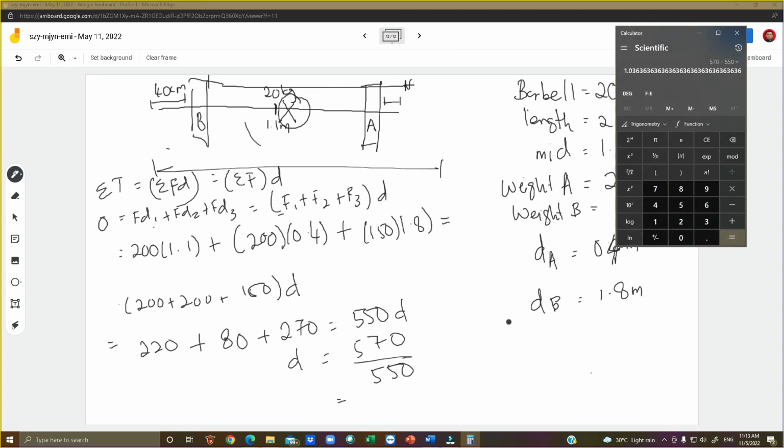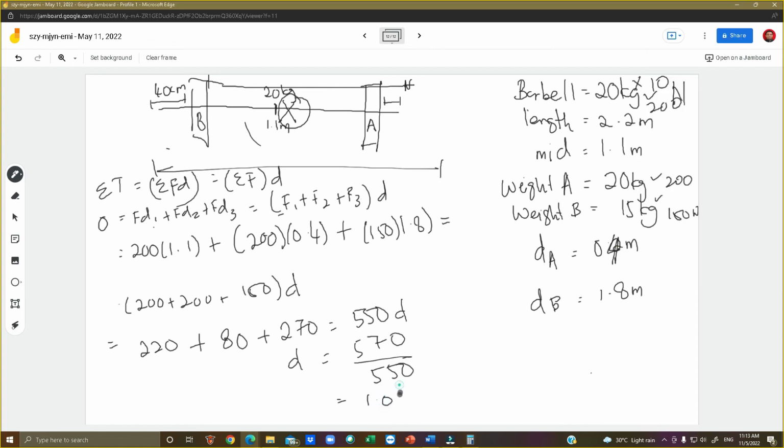You end up with 1.04 meter. This means the midpoint for this system to maintain the equilibrium of the barbell is 1.04. Earlier it was 1.1, so it is here, closer to A.